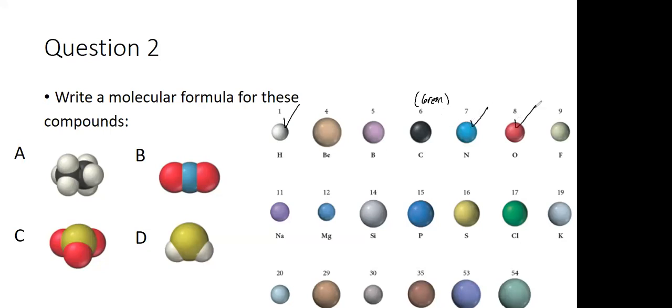Oxygen's always red. Sulfur is usually yellow. The other colors change depending on the person who's doing it. But usually those 5 are more or less consistent, no matter what text or image you're looking at. Usually people stick to at least those color schemes.